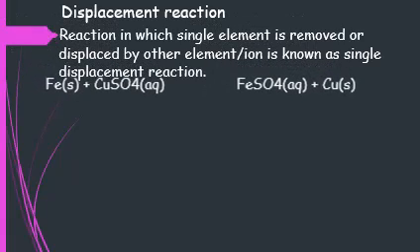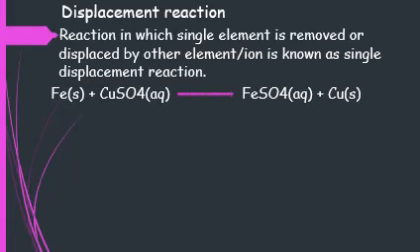For example, Fe, that is iron solid, when it is dipped in copper sulfate solution, then the ions get displaced and we get FeSO4 and Cu. If we study this reaction carefully, we can see that Fe is taking the place of copper and copper is coming to the place of Fe. That means in the product we are going to get Cu solid and FeSO4.